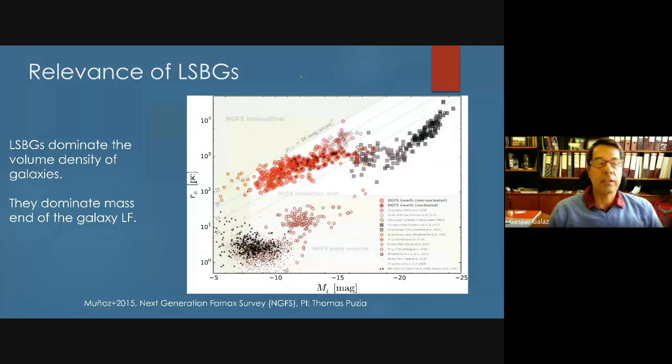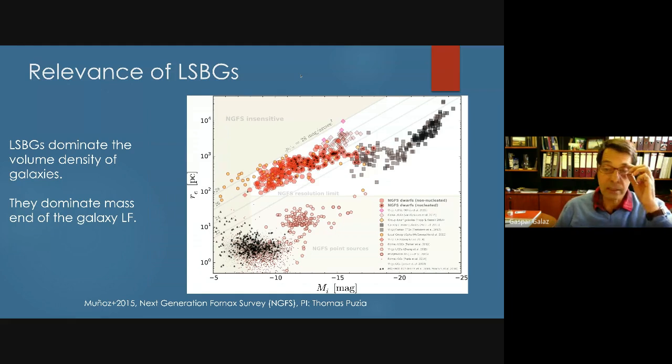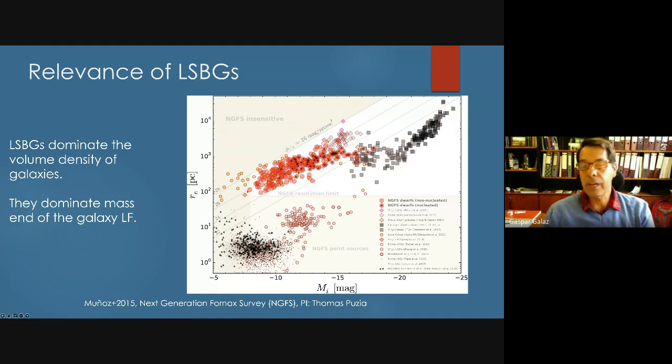Then another interesting thing is always talking about this mass end. Here you see a very interesting plot by Muñoz, 2015, from the Next Generation Fornax Survey, led by Thomas Puzia here at Católica. Here you observe clearly that when you go to the low surface brightness side, that means these straight lines here, say 24, 26, 28, you really observe a completely different realm in the universe, in the extragalactic domain.